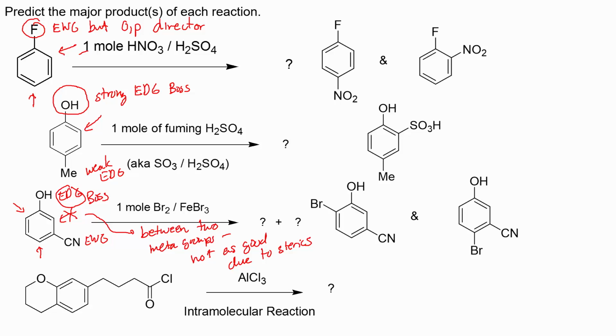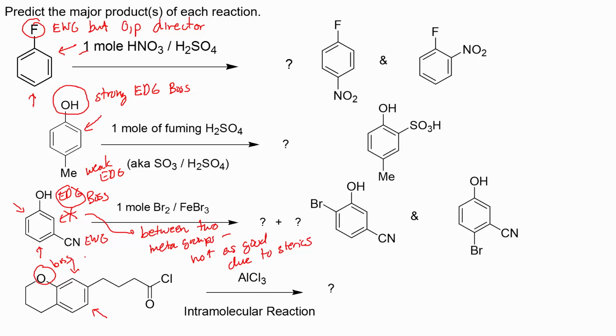Okay? And this next one, this is an intramolecular Friedel-Crafts reaction. Don't be confused by the fact that it's intramolecular. These are the only positions we could access here, because this is making a 6-membered ring, and if we put it over here, well, it would be meta to the oxygen. This is our strongest electron donating group.